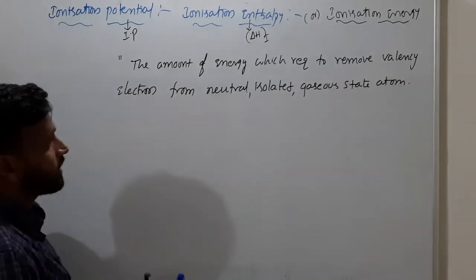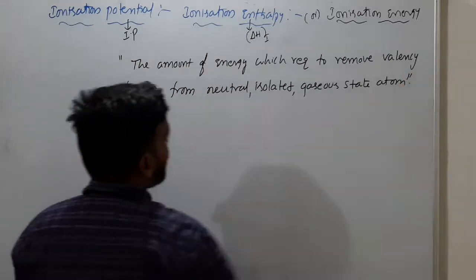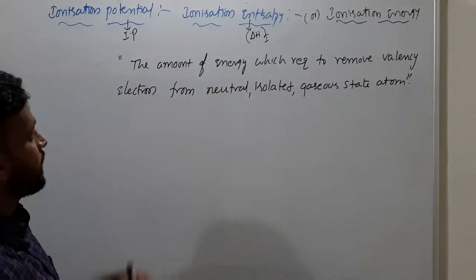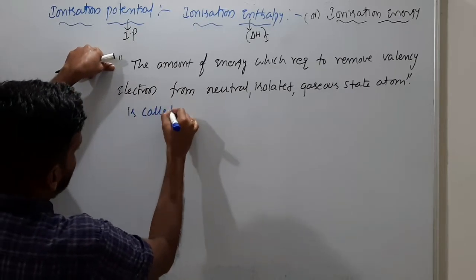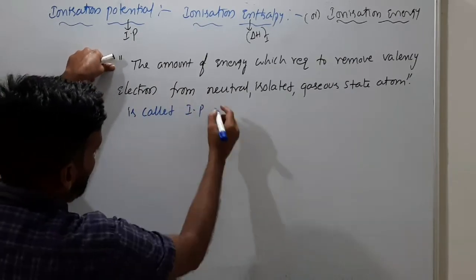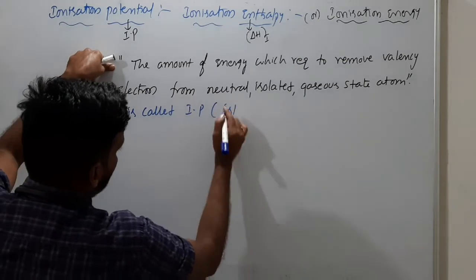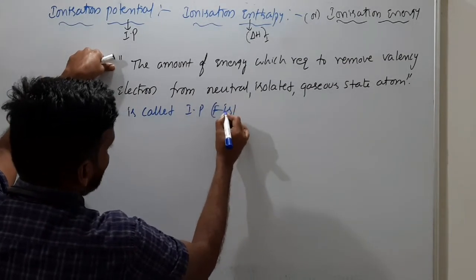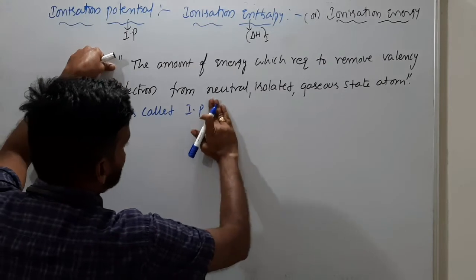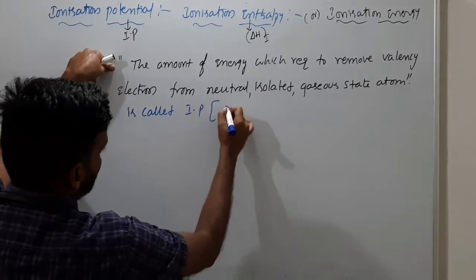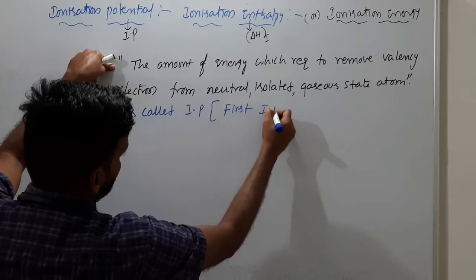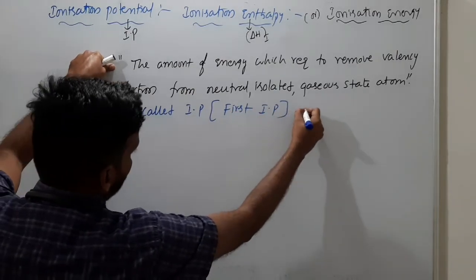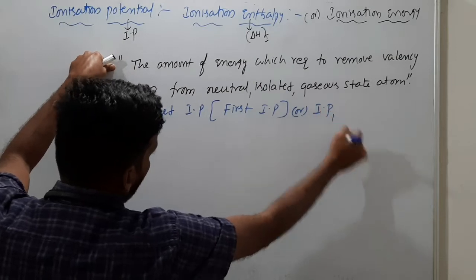So this is very important, and this is called ionization potential. And this is also called first ionization potential, or else simply we call it IP1.